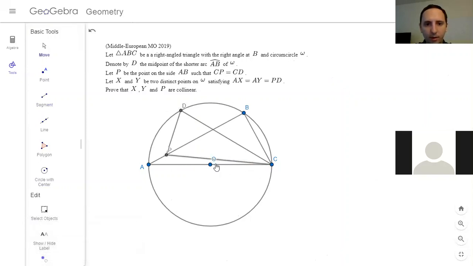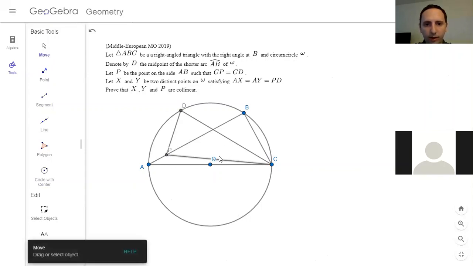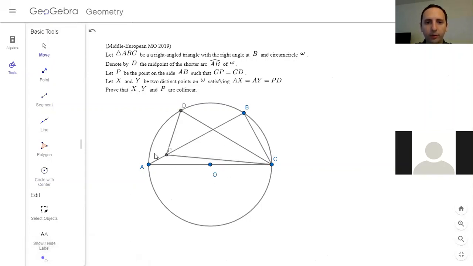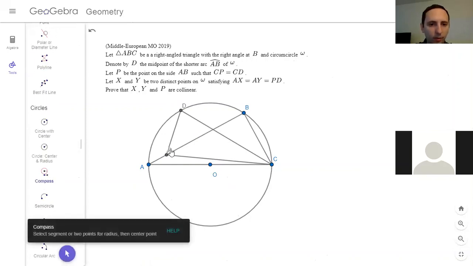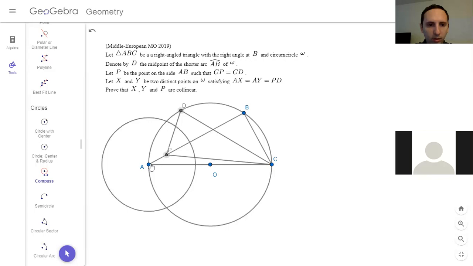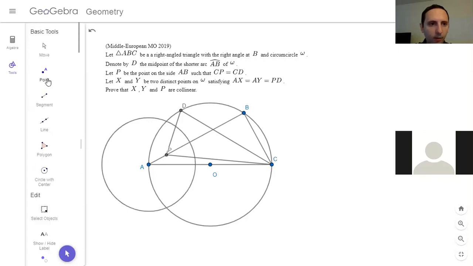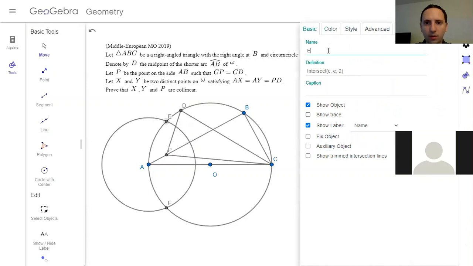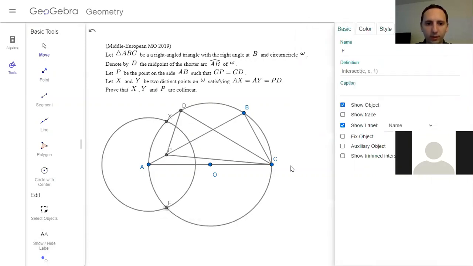X and Y are on the circle such that AX is equal to AY is equal to PD. And we want to show that X, Y, and P are collinear. It's kind of random, but interesting.